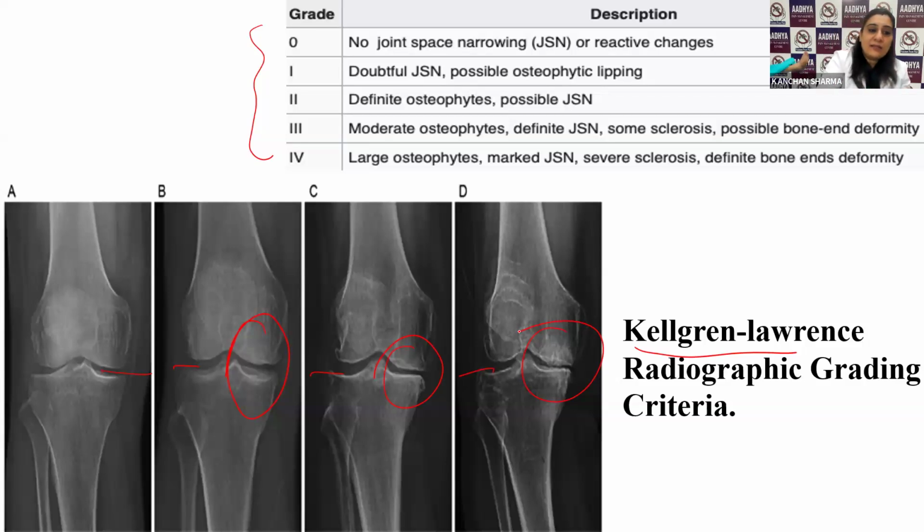It's just an observational thing. So you will be able to see how bad your knee is, right? How your joint space narrowing is there, whether you are able to see some kind of osteophytes, whether there is any kind of sclerosis like this, okay, which is there or not. So on the basis of all this, you will be able to classify it into grade 1, 2, 3, and 4. So 4 is the worst. This is third. This is second, and this is worst.